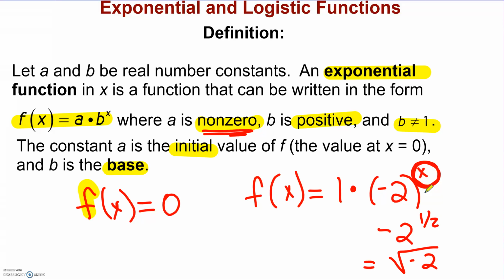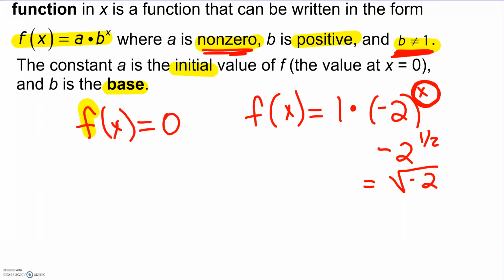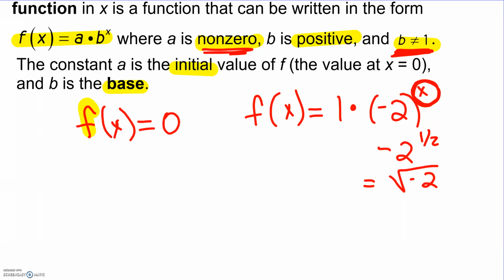This third restriction, b can't be 1, is because if b were equal to 1, then I would have f of x equals a times 1 to the x. Well, 1 to the x is just always 1.